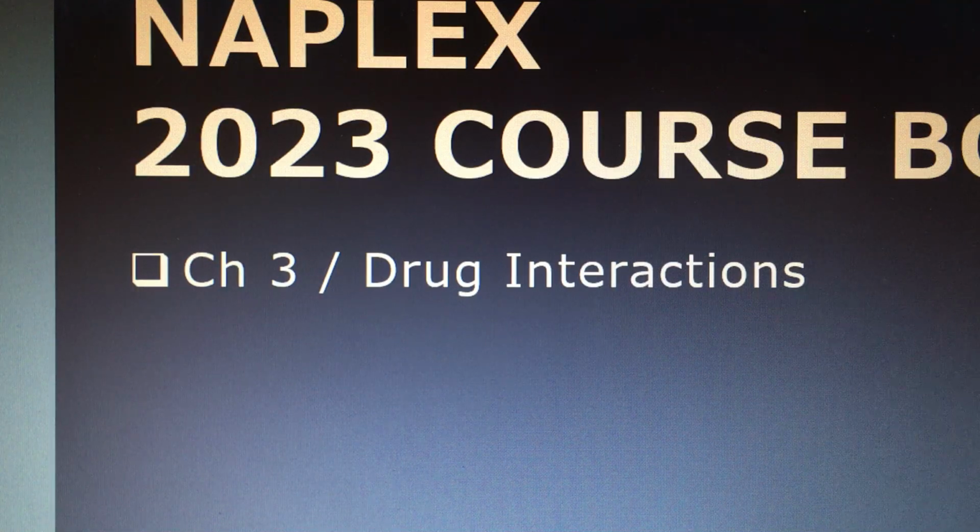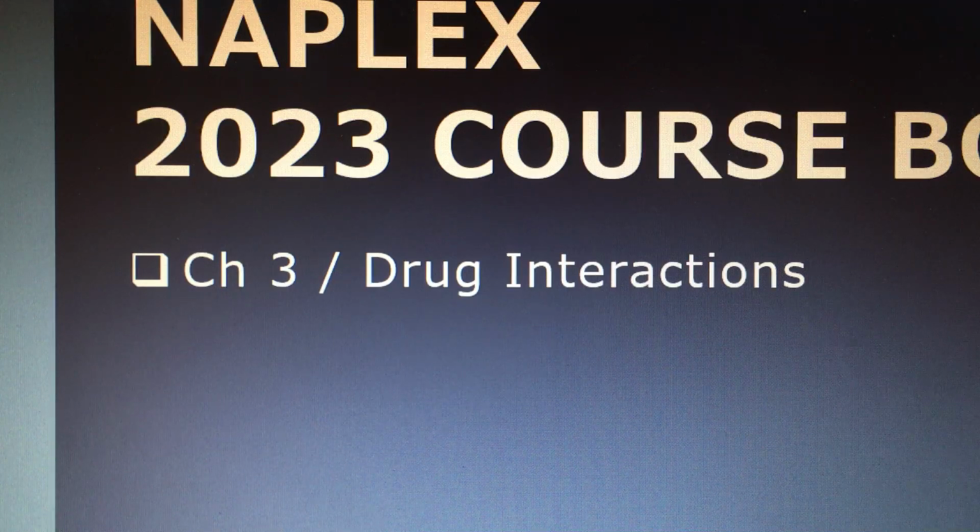They came up with an acronym for this chart of G Heart Pac-Man. So grapefruit, heart, protease inhibitors, azole antifungals, cyclosporin, macrolides, amiodarone, and non-dihydropyridine calcium channel blockers.